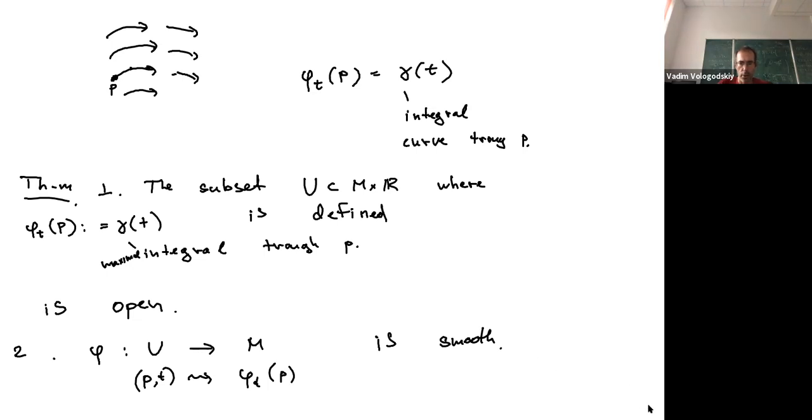The third assertion is that you have the basic property of a one parameter group of diffeomorphisms, phi sub T composed with phi sub S is equal to phi sub T plus S, whenever both sides are defined. They're defined again only on U.